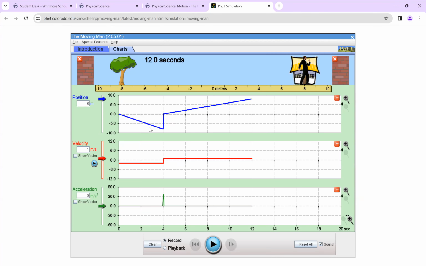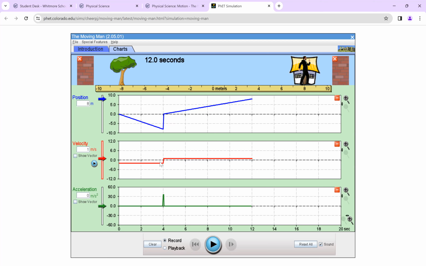Now let's take the red line here. Where is this red line in relation to zero? Here's zero. Here's the red line. Where is it in relation to zero? At first it's at negative one. That's right, it's negative. And then where is it relative to zero when it goes up just a tiny bit?